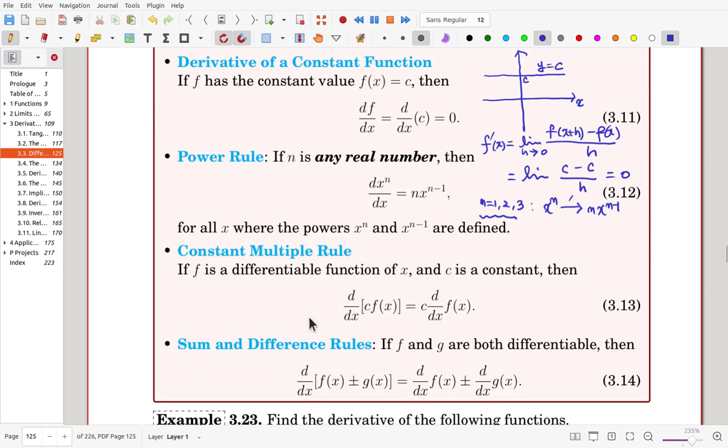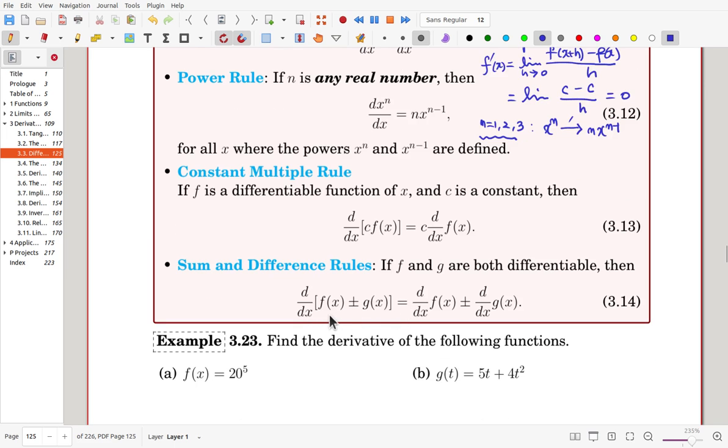Constant multiple rule. Once a function is multiplied by a constant c, then for the derivative of the whole term, you can apply the derivative to the function, and later multiply by c. So constant multiple and derivative are commutative.